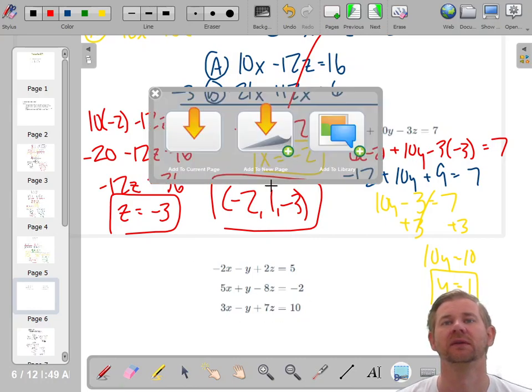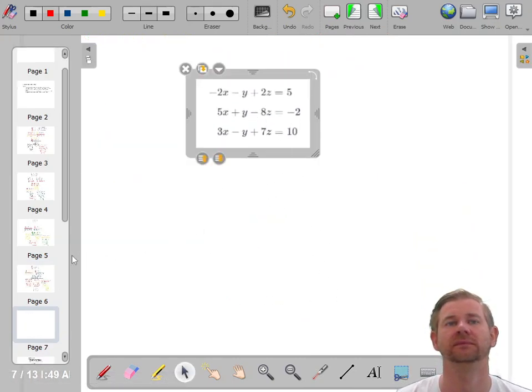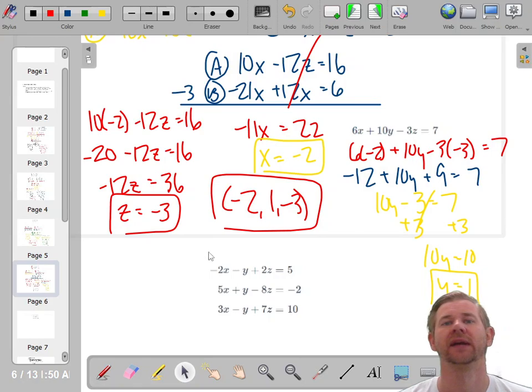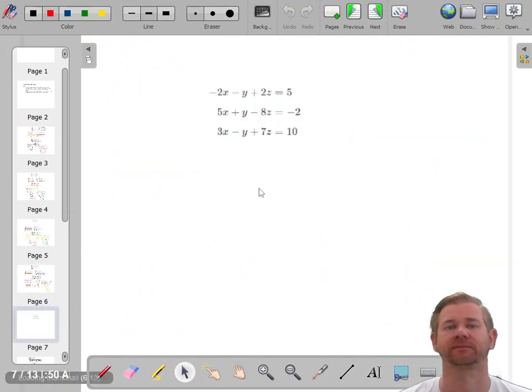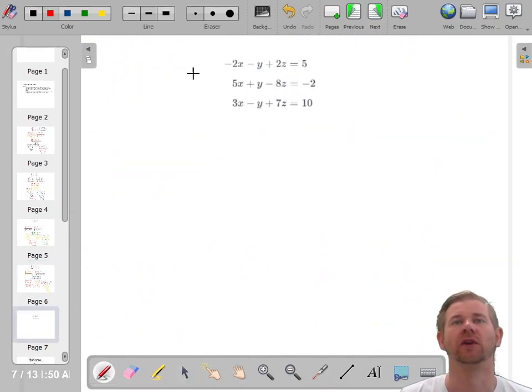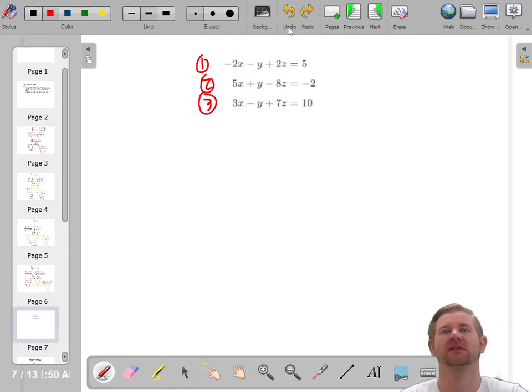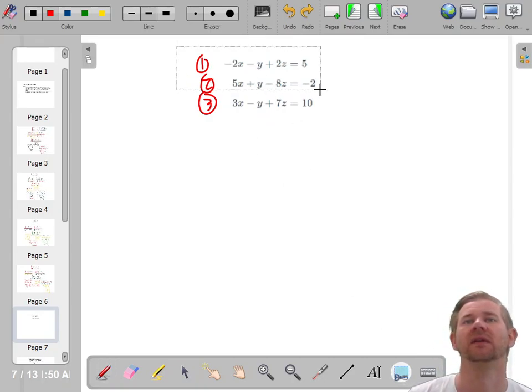On a new page. Get out of here. All right. One more. Let's try one more. First, figure out what you want to get rid of. I'm thinking y's and y's. So it's nice that I can screenshot these.